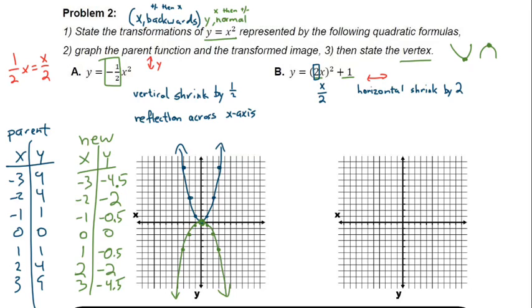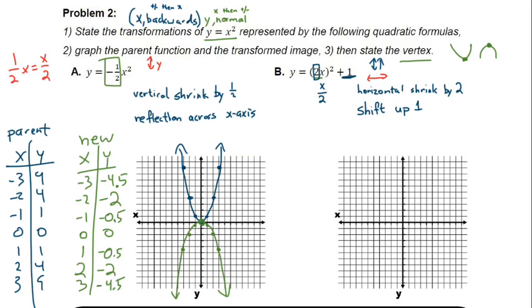So instead of multiplying all the x's by 2, we're going to divide all the x's by 2. And then we got this plus 1 outside, and that is a shift. You're adding or subtracting, that's a shift. And it's on the y-axis, so if you're going positive, you're going up, so it's a shift up 1.